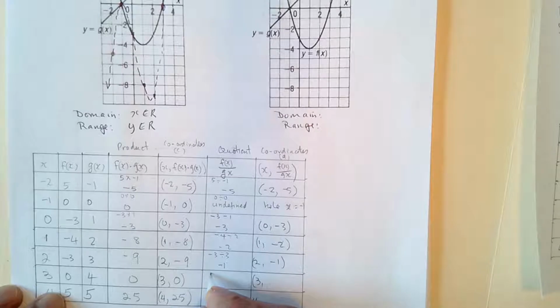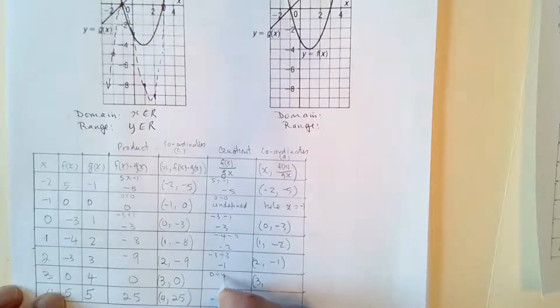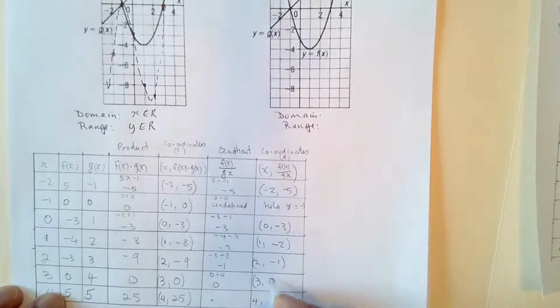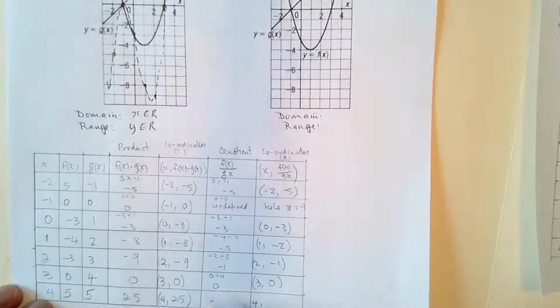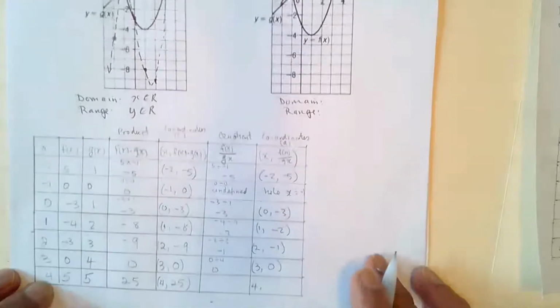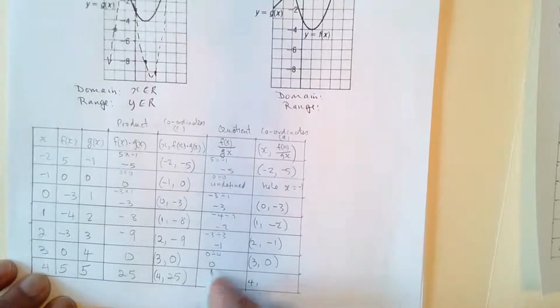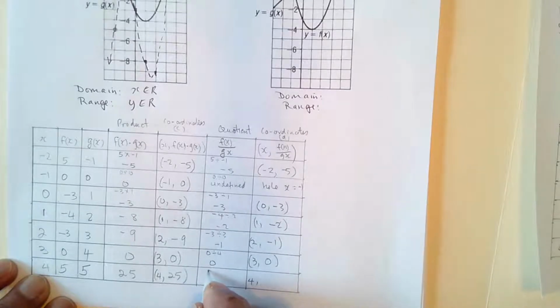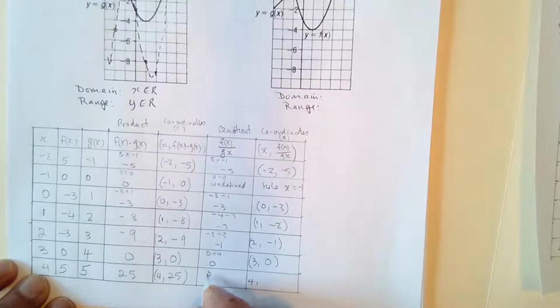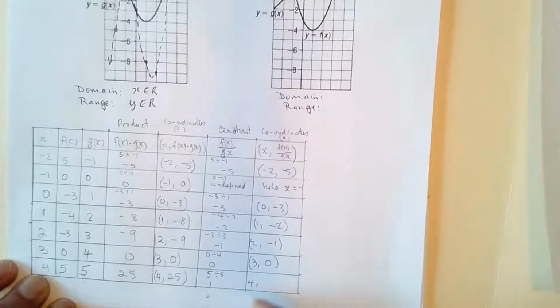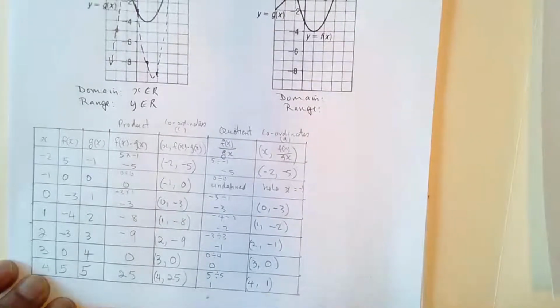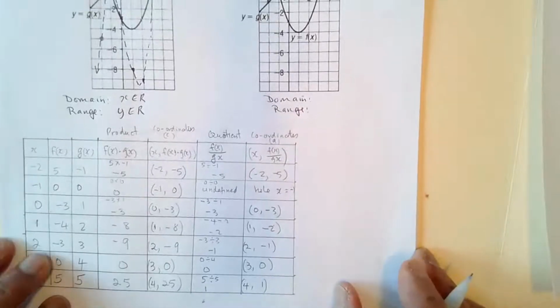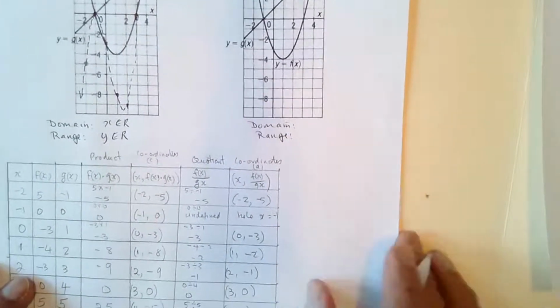We have 0 divided by 4 is 0. And the last one is 5 divided by 5 equals 1. So these are my coordinate points. Notice I have to indicate a hole here.